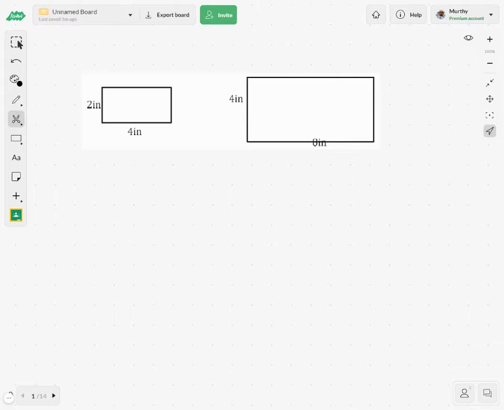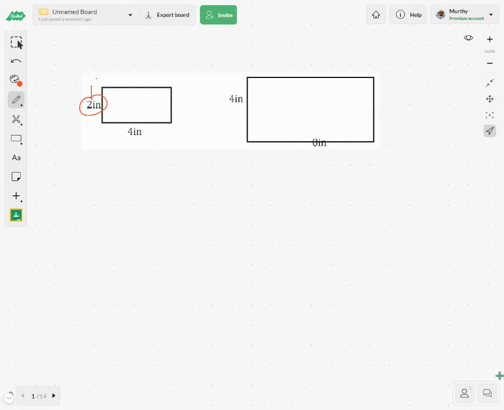Here is another example. Let's take these two rectangles. Notice that these two rectangles are the same shape, but one is bigger than the other. How much bigger? Well, notice that if you multiply the sides of the first one, let's take the sides. Let me take my pen.